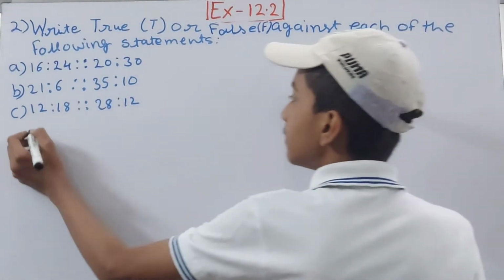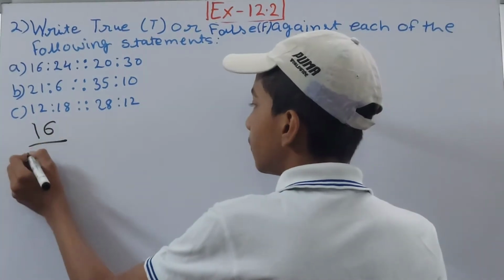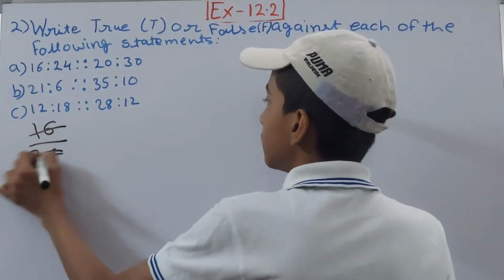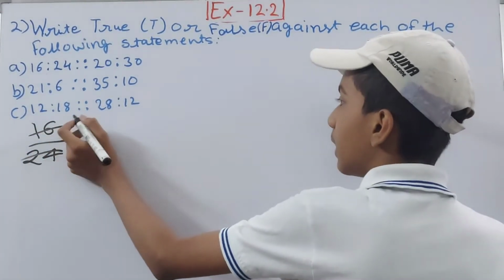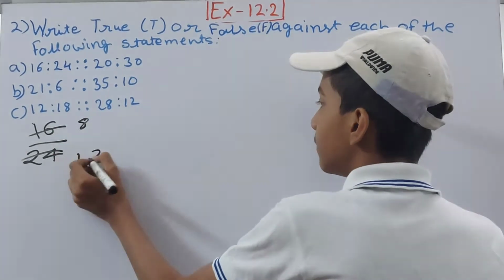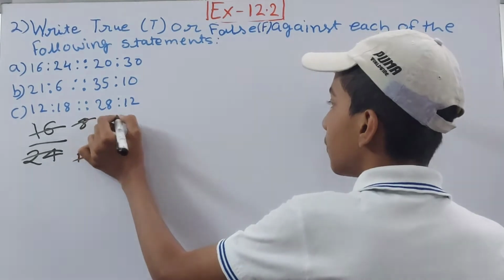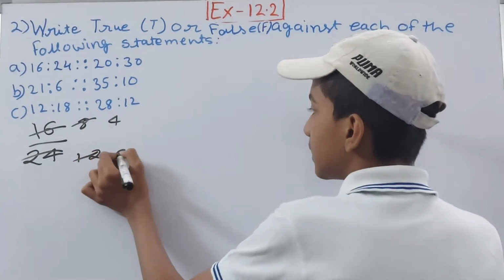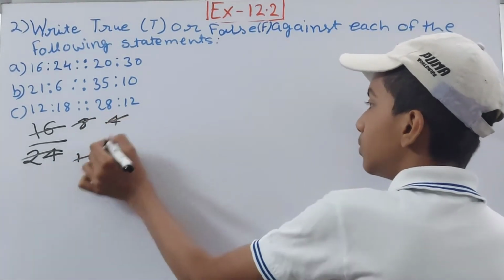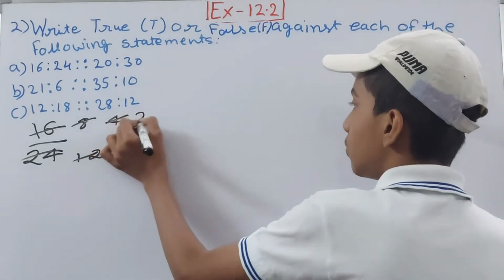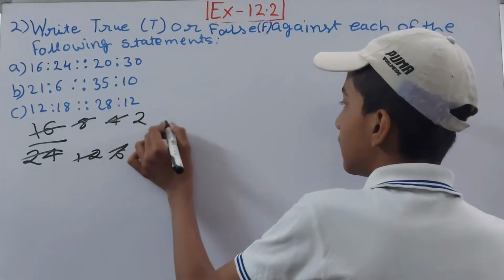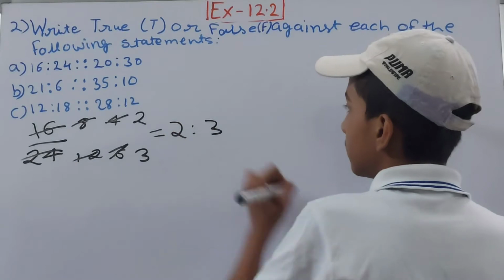So first this becomes 16 upon 24. Directly you can simplify this by 2, 8 and 12. Now by 2 again, 4 and 6. Now lastly by 2, so 2 and 3. So you get 2 is to 3.